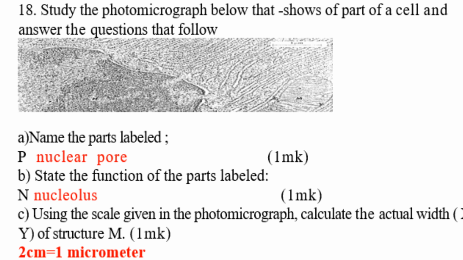N is nucleus. Number C, using the scale given in the photomicrograph, calculate the actual width Y of the structure. With the Y, you can see it there, and this is the formula.